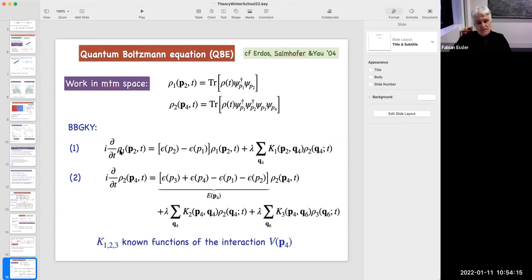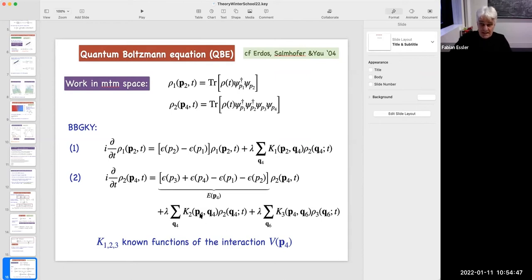The time derivative of the single-particle Green's function has a piece which is proportional to the single-particle Green's function, but then also a sum, which comes from the interaction term, that involves all of the two-particle reduced density matrices. And then the time derivative of the two-particle reduced density matrix involves a piece which is proportional to the two-particle reduced density matrix.